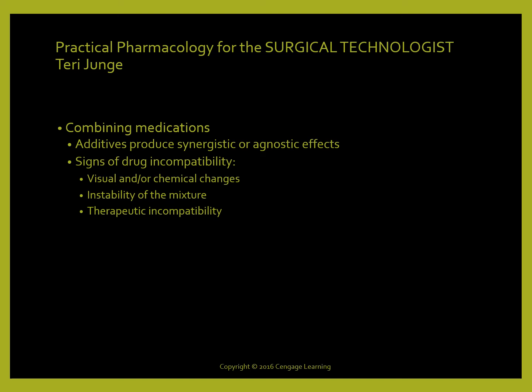Right, so the synergistic effect means that the additive is going to work with one or more other drugs that it's added to enhance the effects of one of those drugs or more of those drugs. An agonist, on the other hand, can stimulate or prolong the action of another drug or a naturally occurring substance, let's say, but they don't have an independent action.